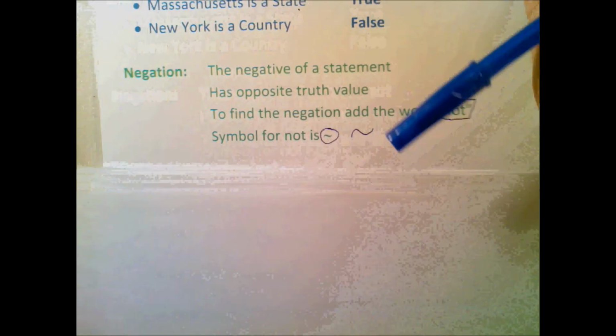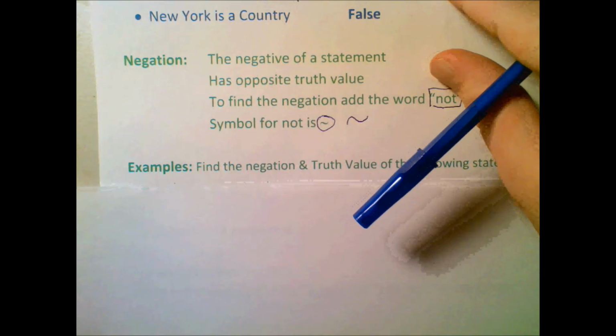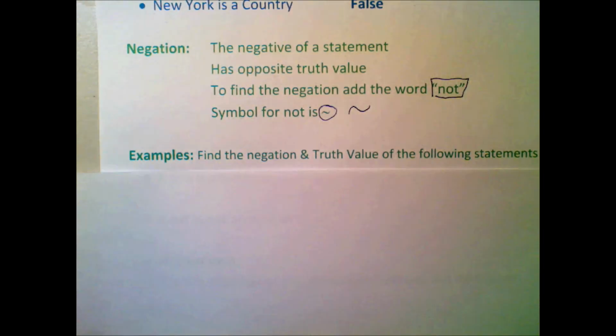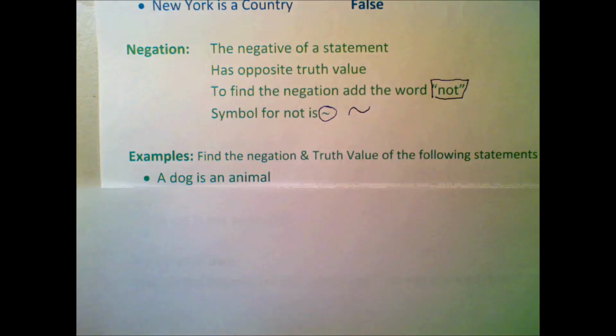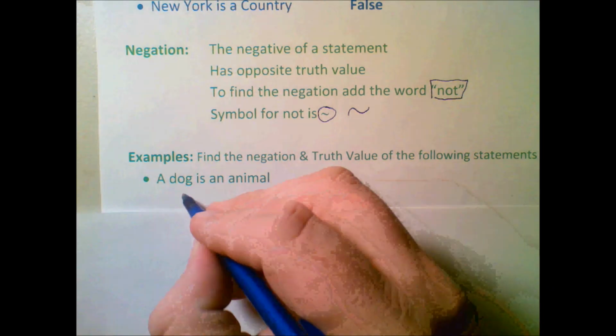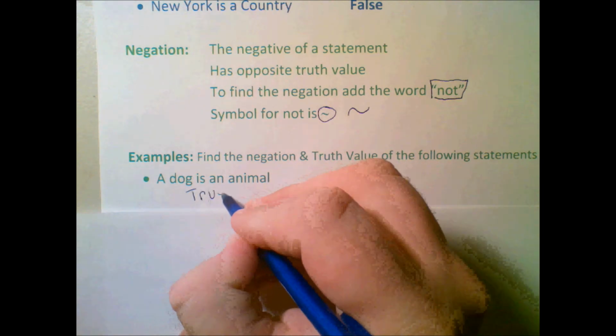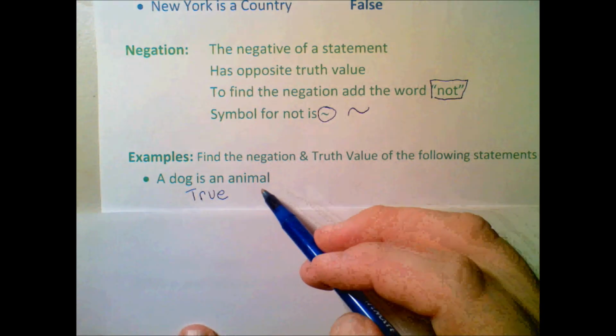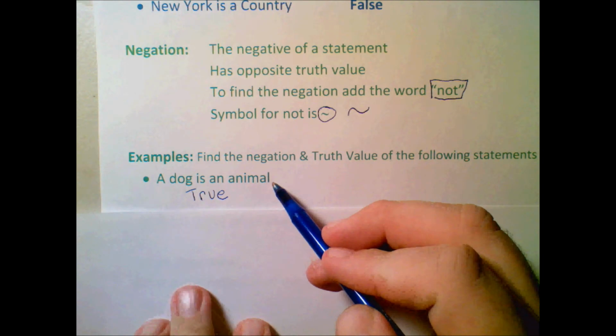Okay, now let's go over some examples. I want you to find the negation and the truth value of the following statements. A dog is an animal. Now, the statement a dog is an animal by itself is true. To find the negation of that statement, all we have to do is add the word not.